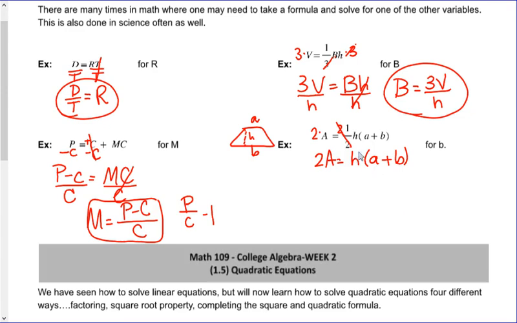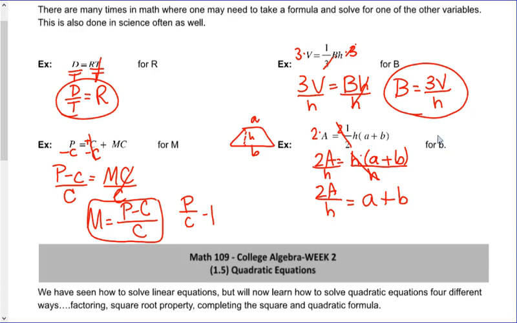So I'm going to think about getting this h over here to begin with, and since that's a times, I can separate those two by dividing both sides by that letter. Okay, whatever's multiplied out there, you can divide both sides by that. So over here I'm left with 2A over h. On this side, all I'm left with is that A plus B.